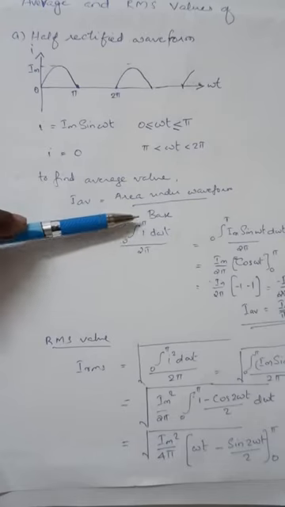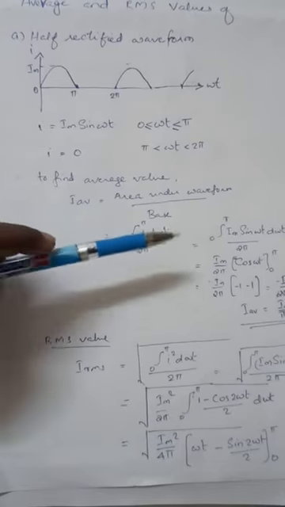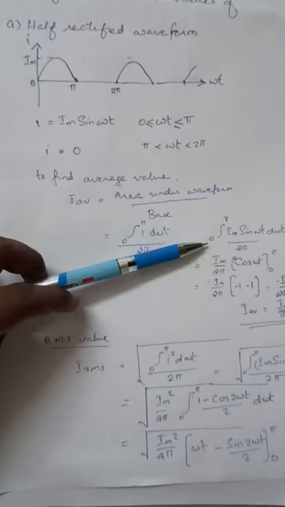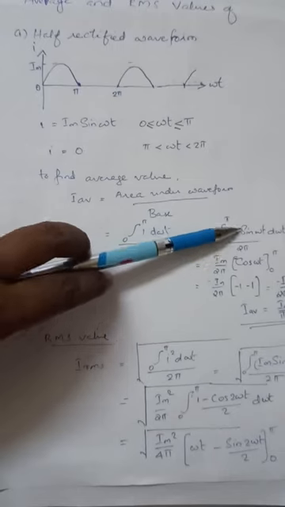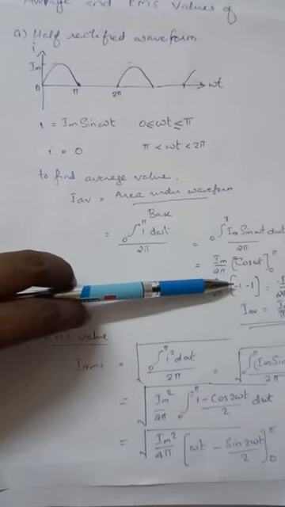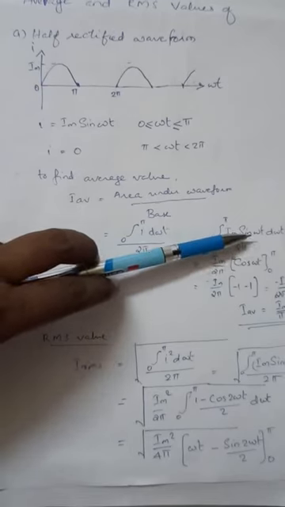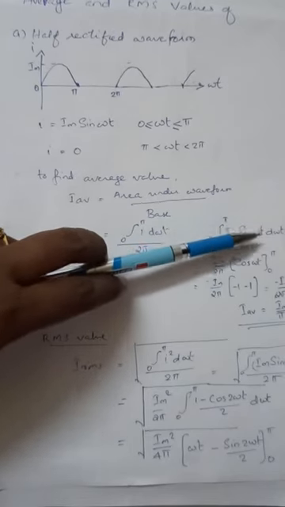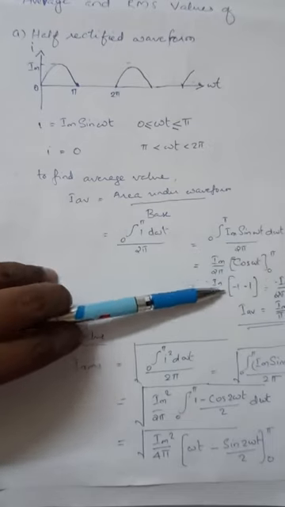So integral 0 to pi i d omega t divided by the base 2 pi. Integral 0 to pi Im sin omega t d omega t divided by 2 pi. Im by 2 pi can be taken outside. Integral sin omega t d omega t is minus cos omega t in the interval 0 to pi.